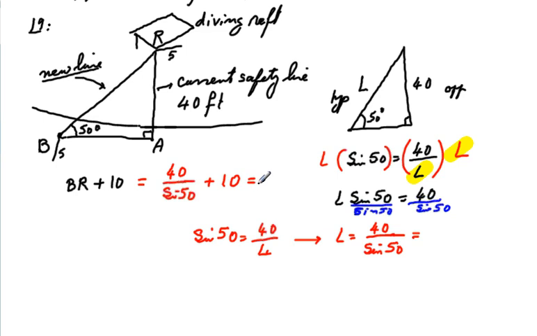Buy it now and keep playing with it, and make sure you know where everything is. So what do you get for this? 52.2, and then you add 10 feet to it, and you make 62.2 feet. That would be our answer.